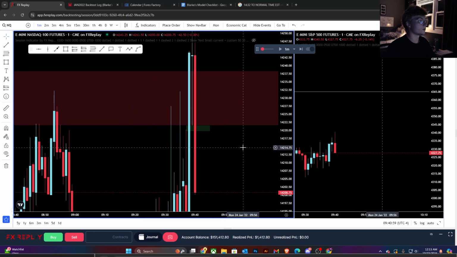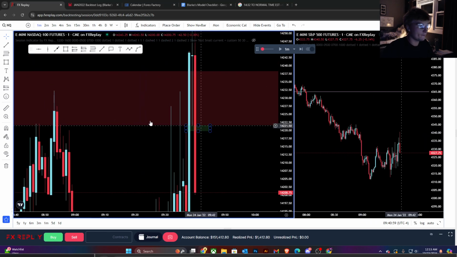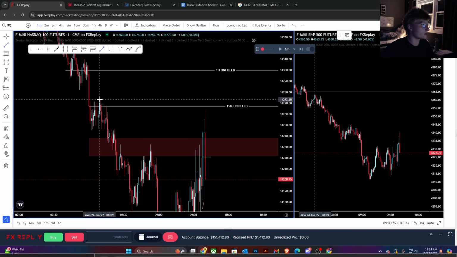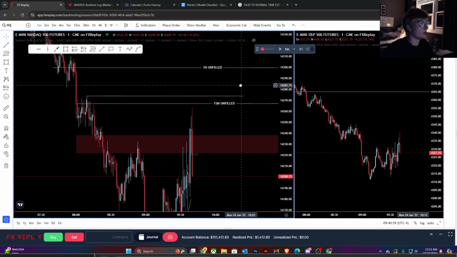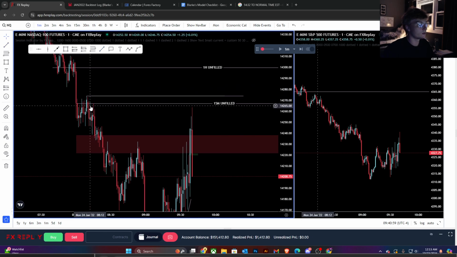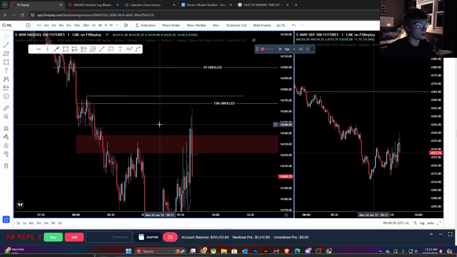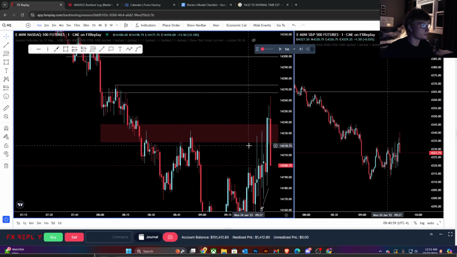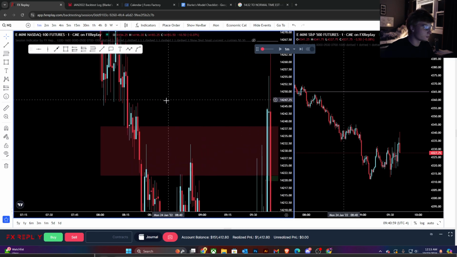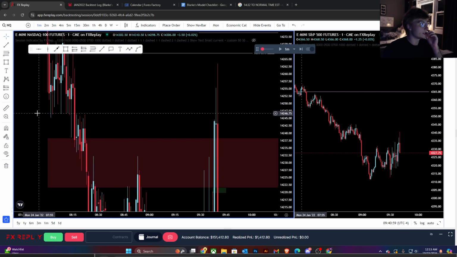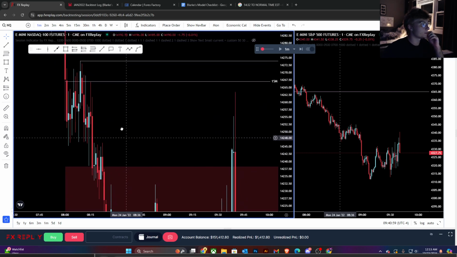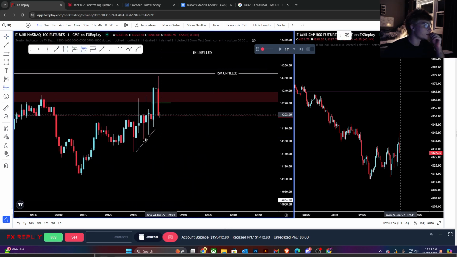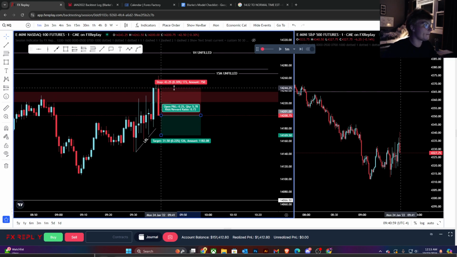Also, there wasn't really a solid liquidity sweep. If we took out like this high, that would be better, but we don't really have a solid liquidity sweep. Did take out equal highs, but yeah, this could work. It's just I don't like how low we are.